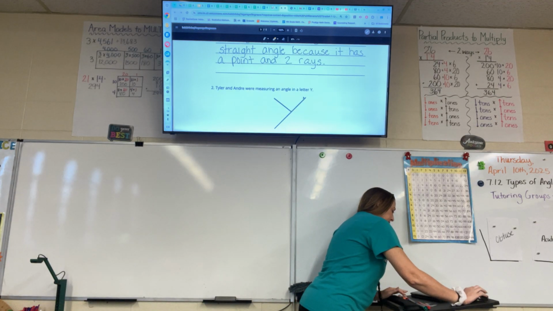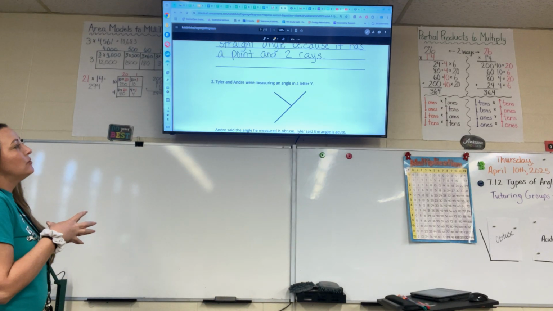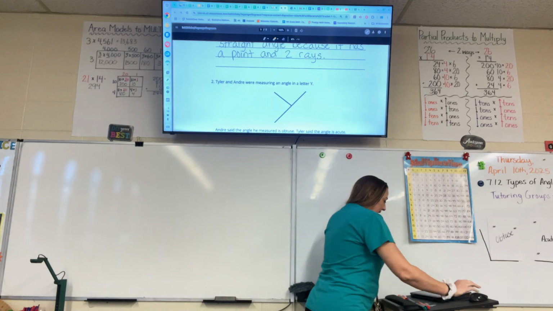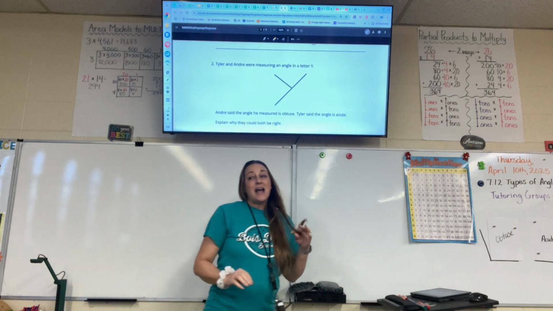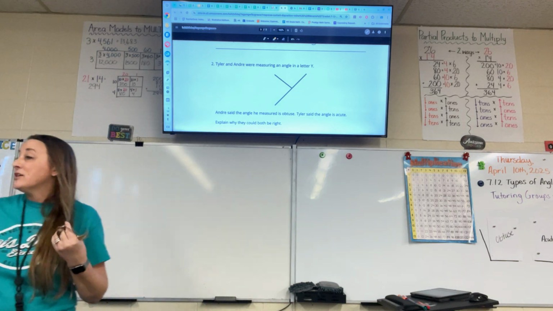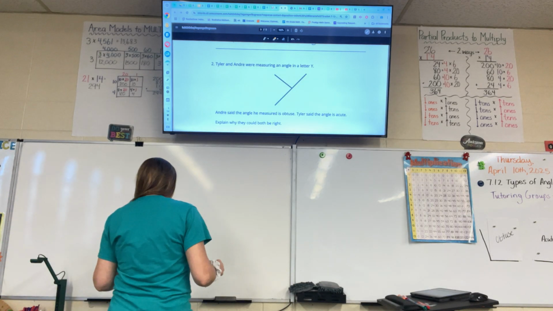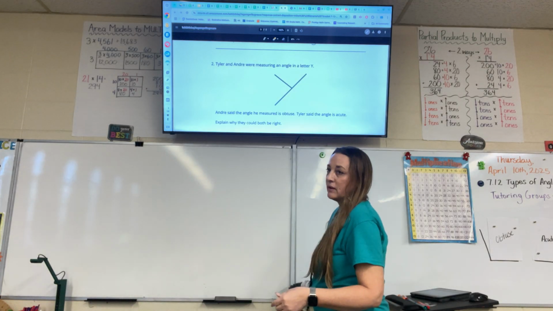Tyler and Andre were measuring an angle in a letter Y. Andre said the angle he measured is obtuse. Tyler said the angle he measured was acute. Explain why they could both be right. How are they both right? Athena?